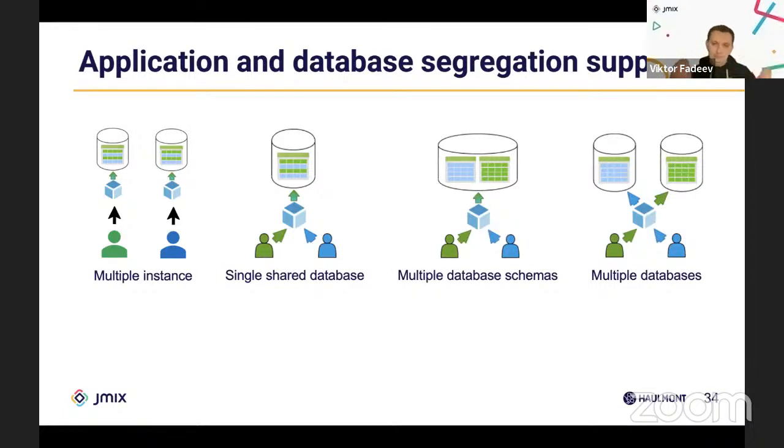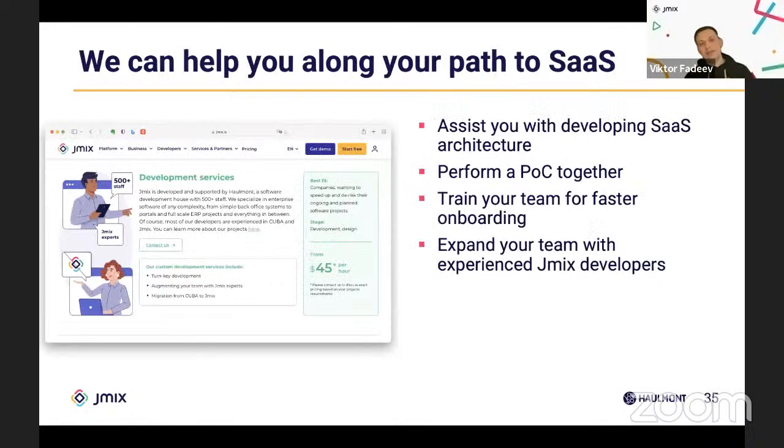That means that you can implement multiple database schemas, or you can implement multiple databases within the Jmix platform without changing the basic concept of your application. Definitely, the last two options are much more difficult to implement, and that's why our team is really ready to support your efforts on this road.